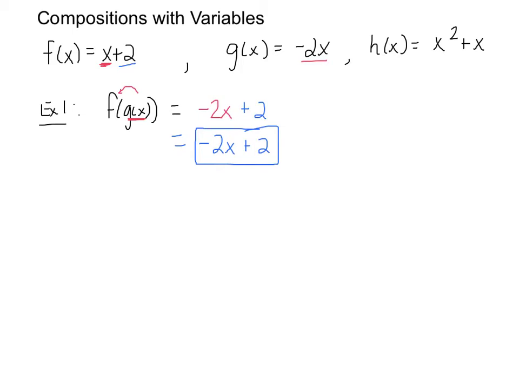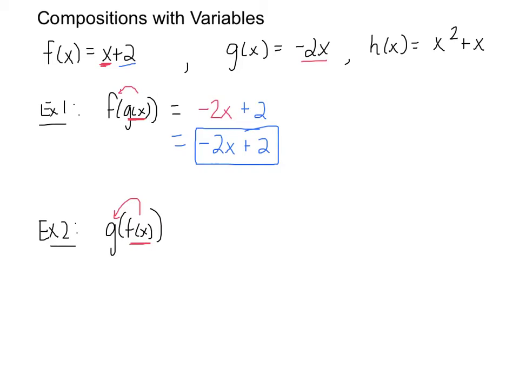Okay, let's look at another example. This time we're going to take g of f of x. So we're taking the f of x function and putting it into the g function for x.